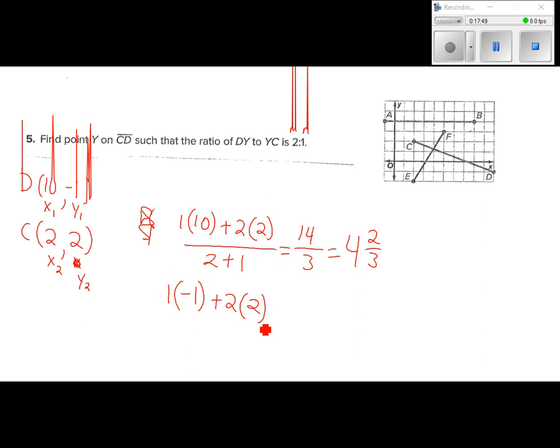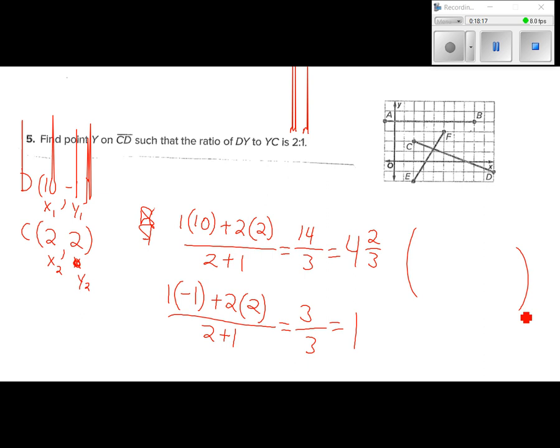It was 2 also, wasn't it? All that over, on the bottom we got m plus n, 2 plus 1. The bottom is still 3. Anybody get the top yet? 3. Is that what we're going with? And then what's 3 divided by 3?